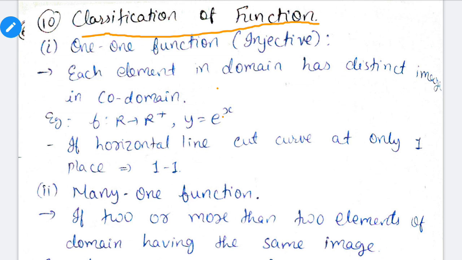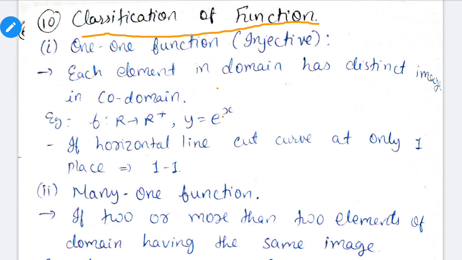So mainly the functions are divided into four different parts. First one is 1-1 function. It is also known as injective function. Each element in domain has distinct image in codomain.